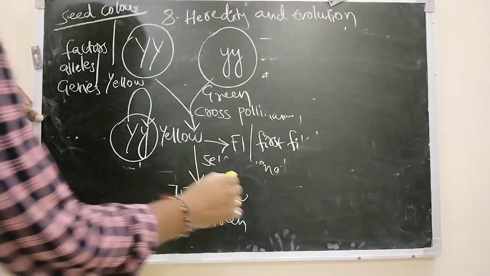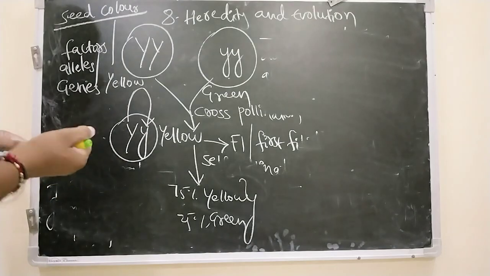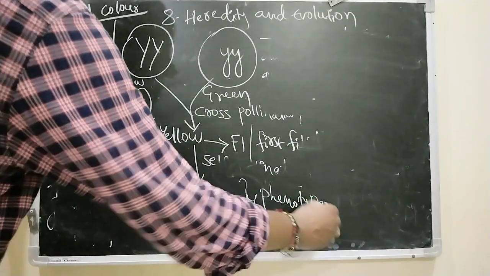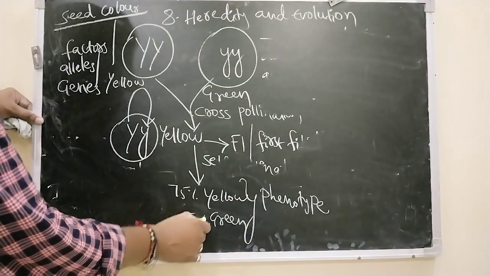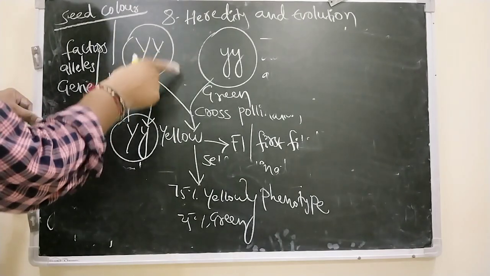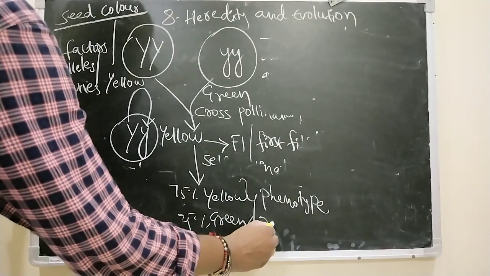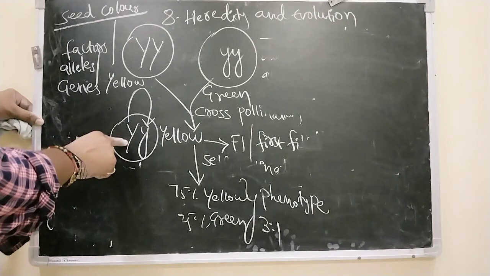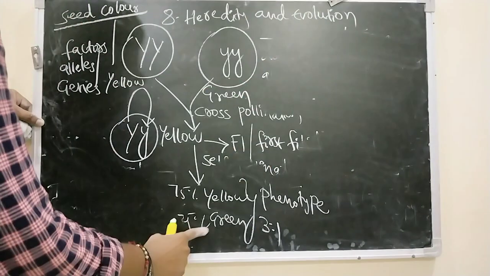The external visible character of an organism is called phenotype. Here we took only one character, so it is called a monohybrid cross. The phenotypic ratio of a monohybrid cross is 3:1.